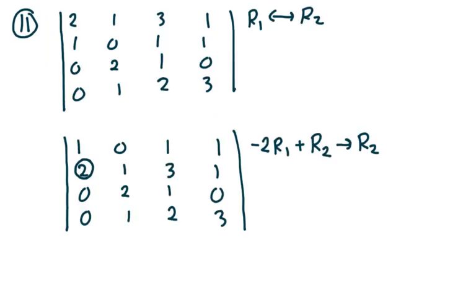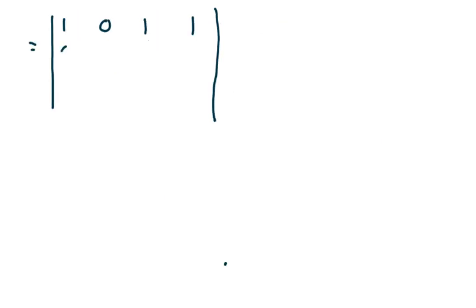Now, if we go to the second row, we get a 0, a 1, a 1, a negative 1. And then the next two rows don't change. So we get a 0, 2, 1, 0, 0, 1, 2, 3. Like so.